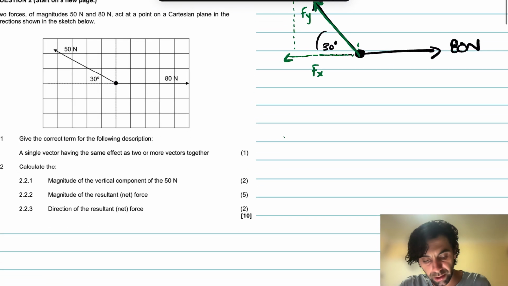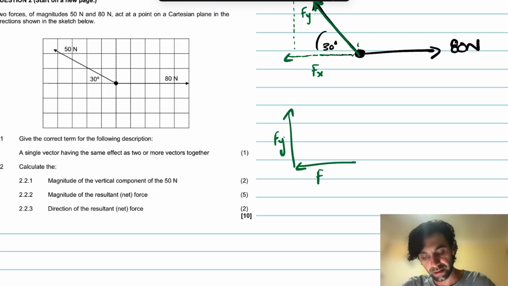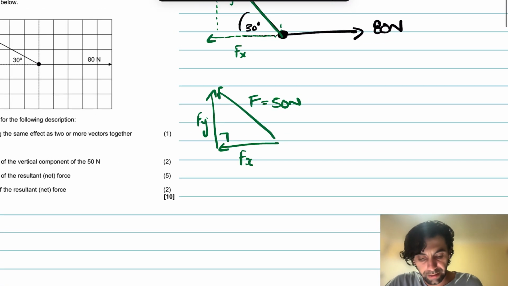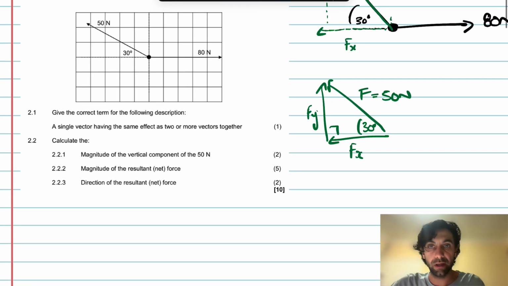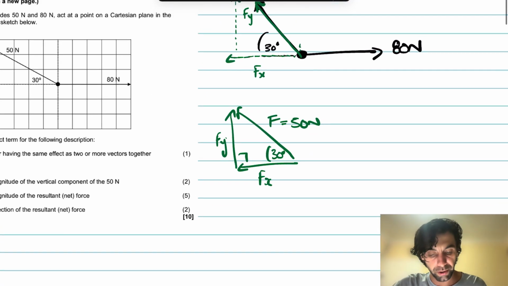So again, how that would look is we would have our Fy, we have our Fx acting in this direction, and the hypotenuse of our right angle triangle is always going to be the force itself, which in this case, again, is 50 newtons. So let's ask ourselves quickly, what is Fy? Because the first question does say that they want us to calculate the vertical component, which is our upward component in this case.